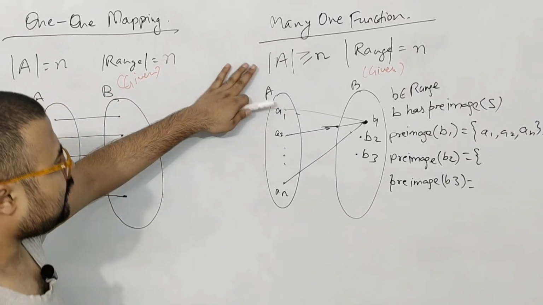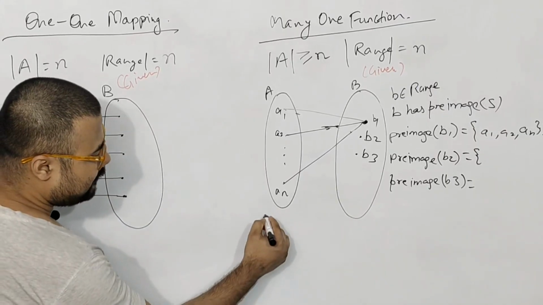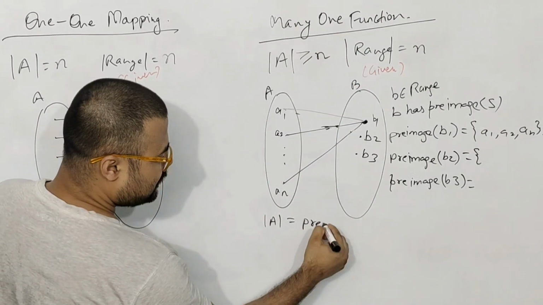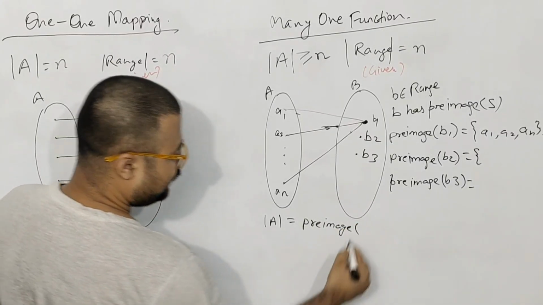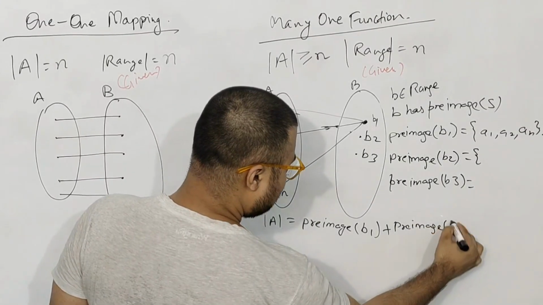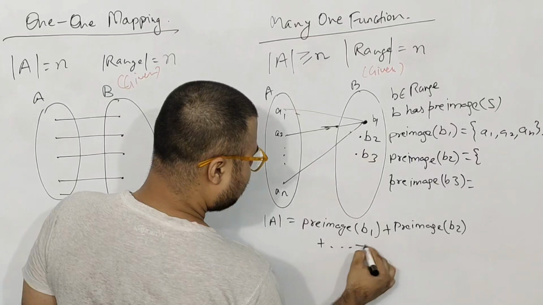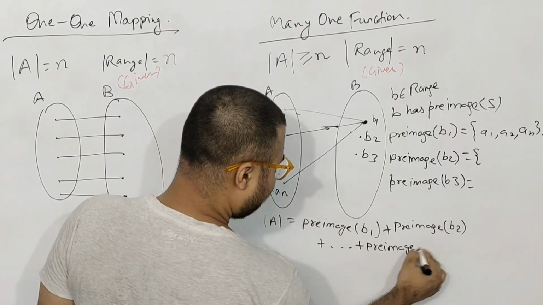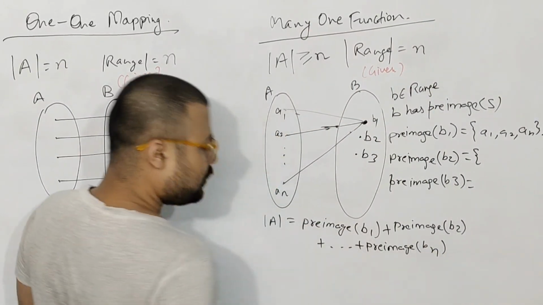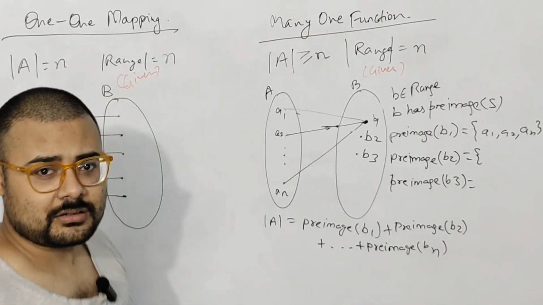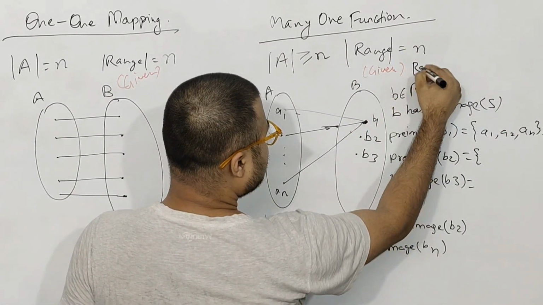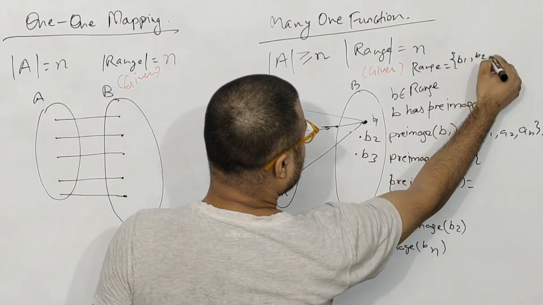So because of this, what can you say about the number of elements of A? The number of elements in A is equal to, from your range, the pre-image of B1 plus the pre-image of B2 plus, and so on, the pre-image of Bn. The number of elements in the range is n, so let the range be B1, B2, and so on up to Bn.